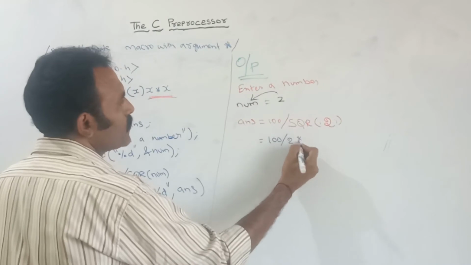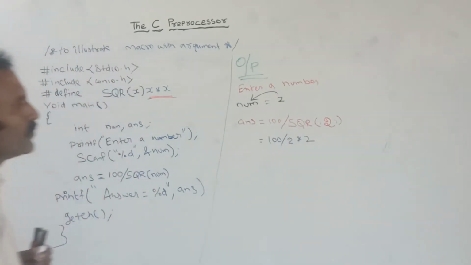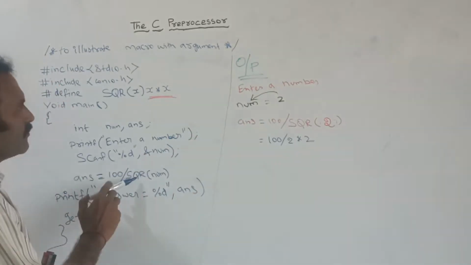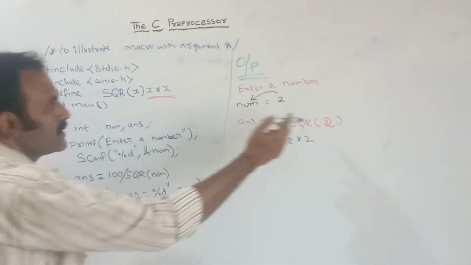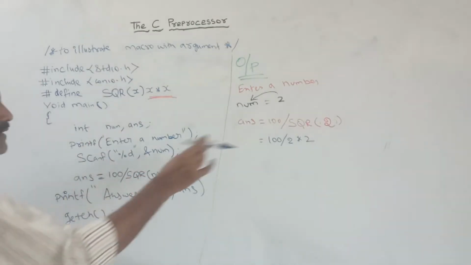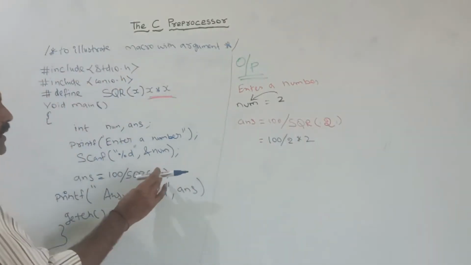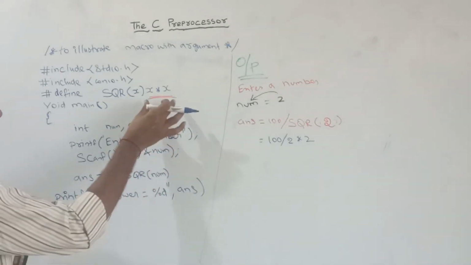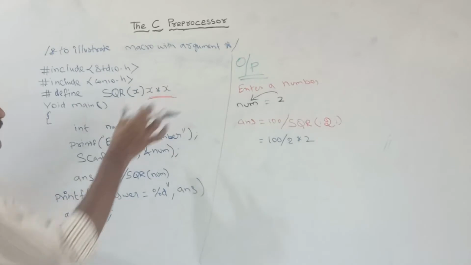2 into 2. See here, answer is equal to 100 divided by this macro name, I am passing the value 2. After passing, this 2 will be passed to where? X. So by definition I am telling it to multiply 2 times.